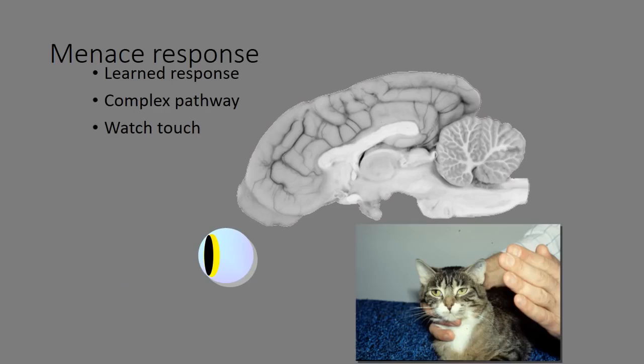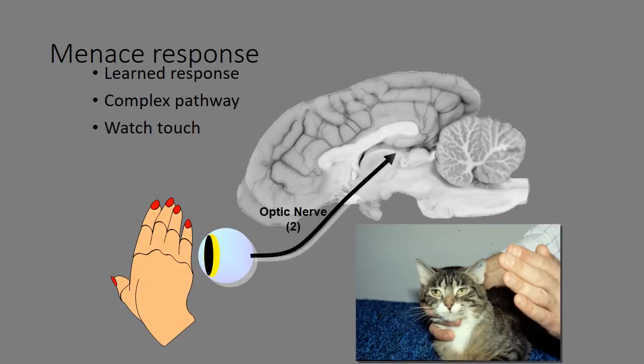The menace response is a very common way to assess not only vision, but also cranial nerve 7. Recall that this is a response and not a reflex, so it has to be learned, and the majority of dogs and cats will learn to menace by 12 weeks of age. This is a very complex pathway in that it goes through the optic nerve, through the optic chiasm, optic tract, again synapsing on the lateral geniculate nucleus within the thalamus.